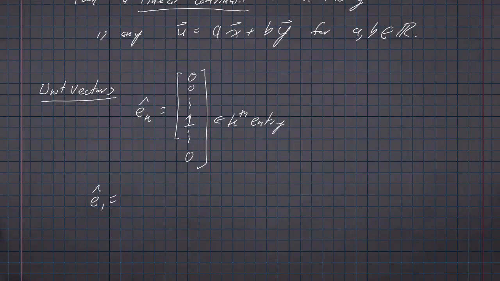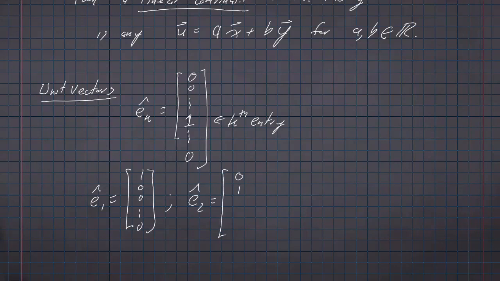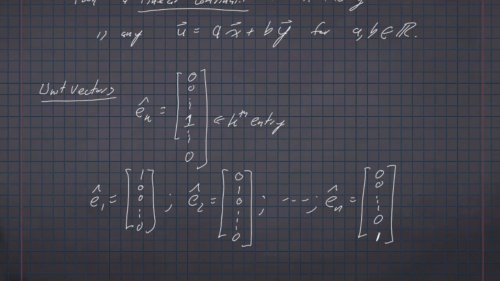So e1 has the first entry as 1, and the rest zeros. e2 has the first entry as 0, the second entry 1, and everything else 0. And en in n-dimensional Euclidean vector space has a whole bunch of zeros and then the last entry as 1.